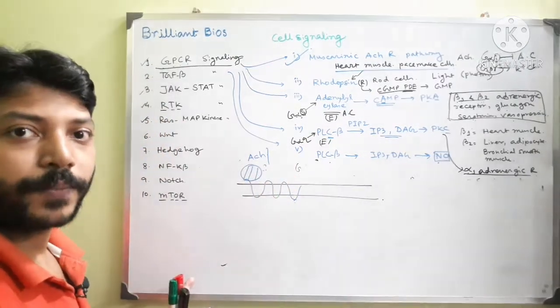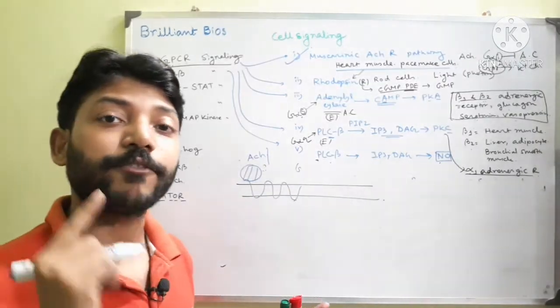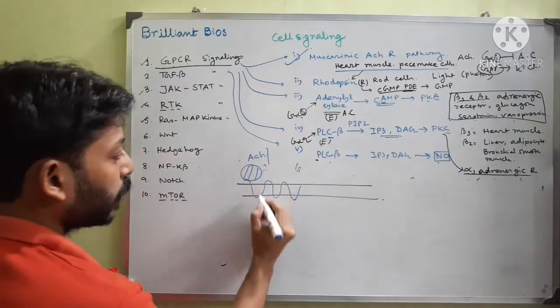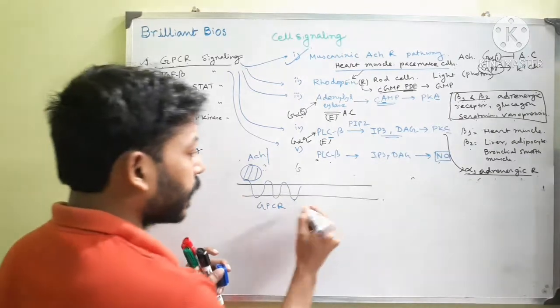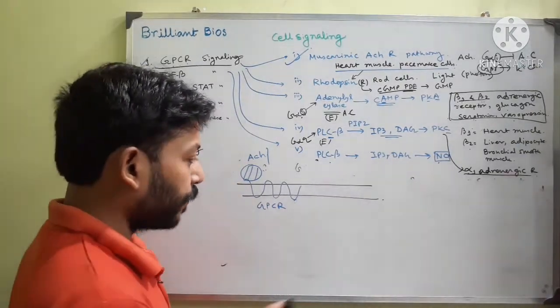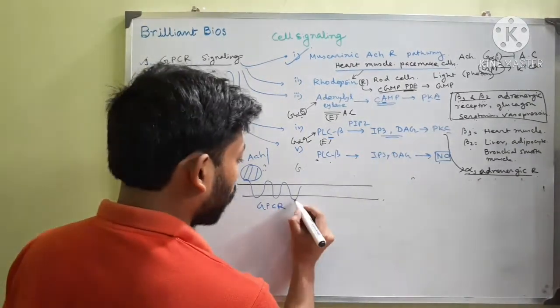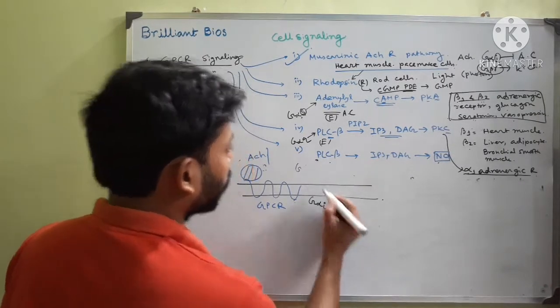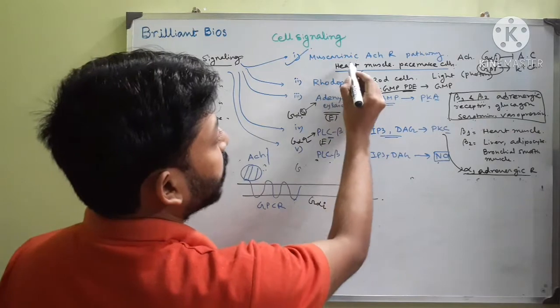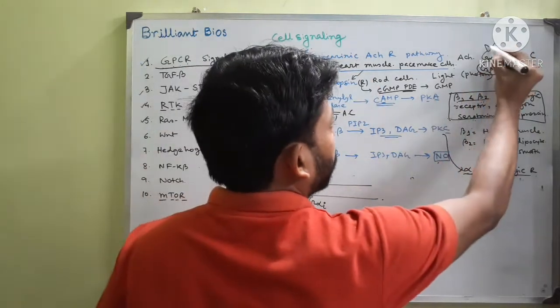Muscarine, I have mentioned in my previous class, is a fungal alkaloid. When it binds with this G protein coupled receptor, it changes the conformation. Then the G alpha I binds with this receptor, because I have mentioned that in the case of muscarinic receptors, G alpha I gets activated.